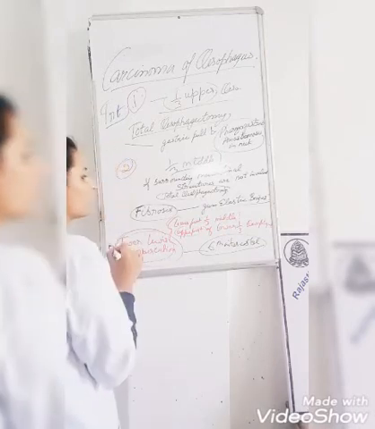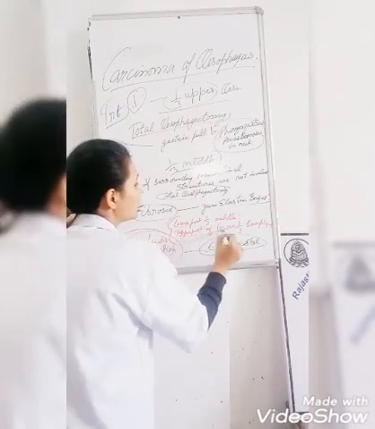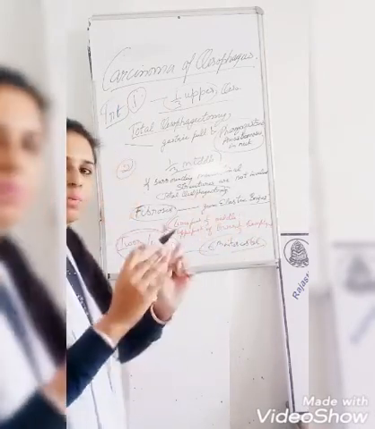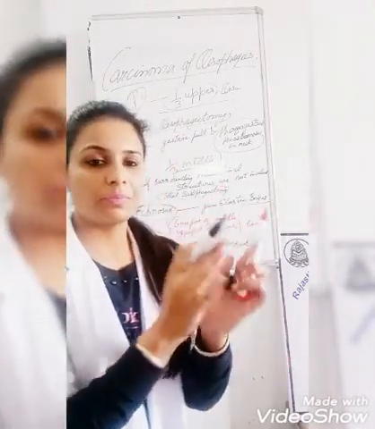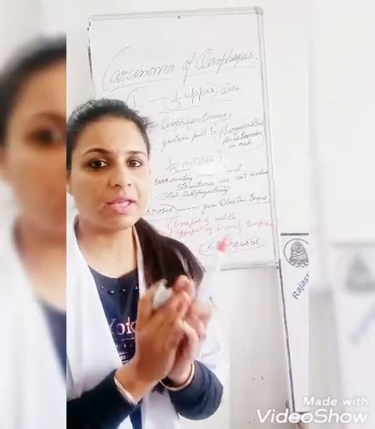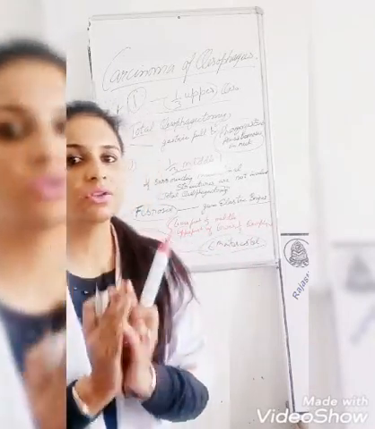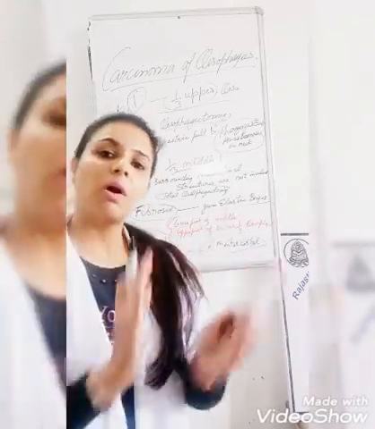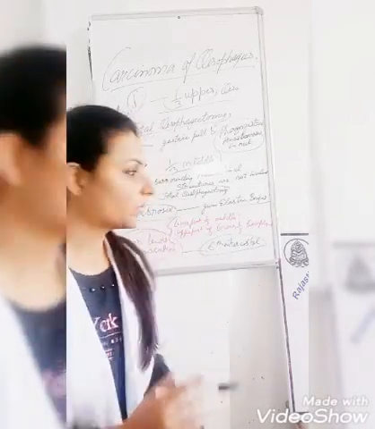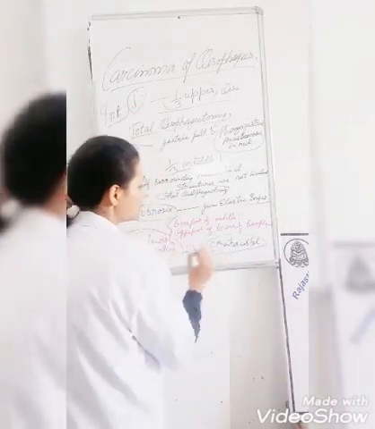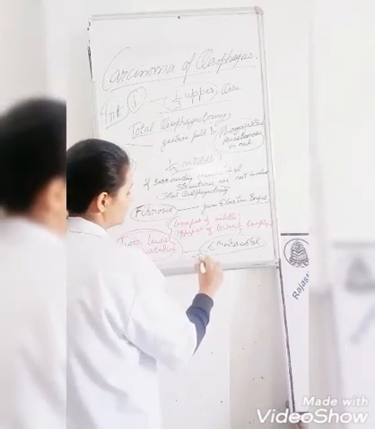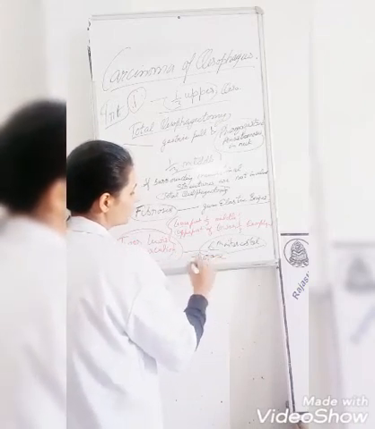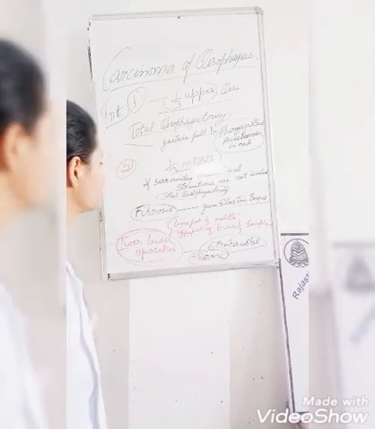We will remove this, and then the esophagogastric anastomosis is done in the thorax above the aortic arch.